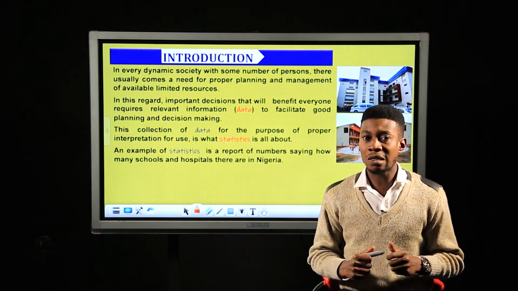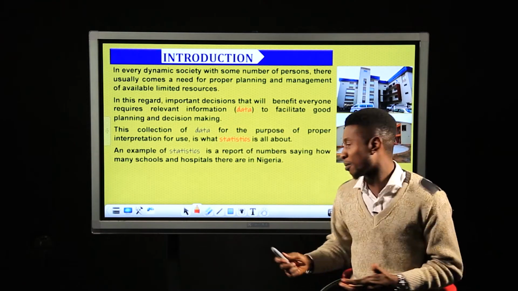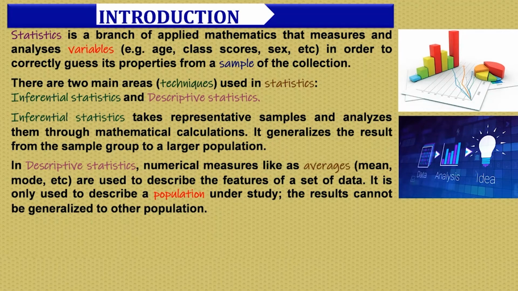In part 1 of this lesson, we learned about the definition of statistics. Recall that statistics is a branch of mathematics that deals with the analysis and the measurement of variables. We also learned that there are 2 approaches or techniques to statistics: the descriptive approach and the inferential approach.